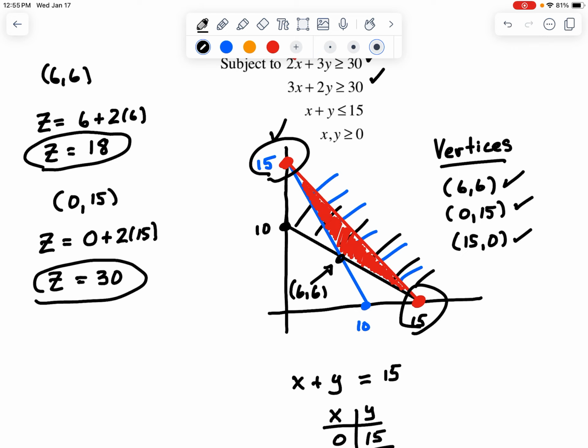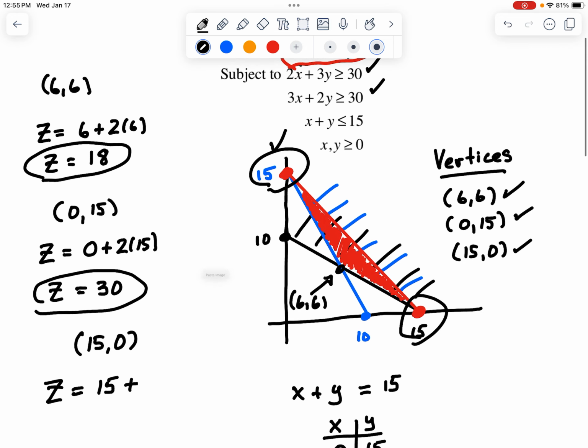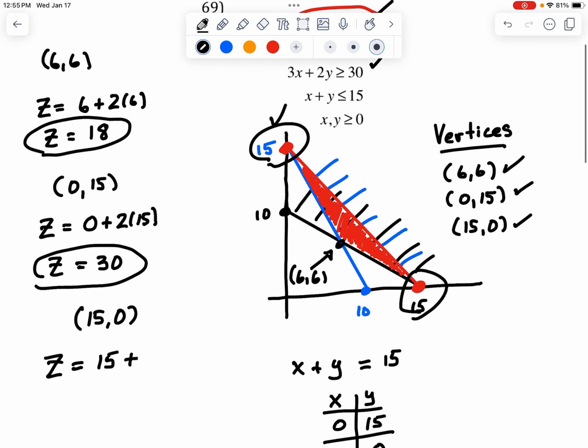And so that is the point 15, comma 0, and plug that in to see what z equals. So that would be x is a 15 plus, the formula had 2 times y, so 2 times 0. And that means z equals 15.